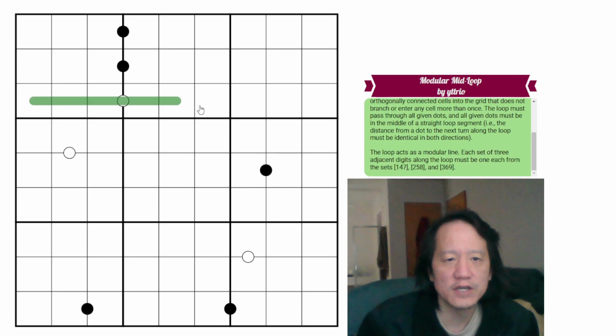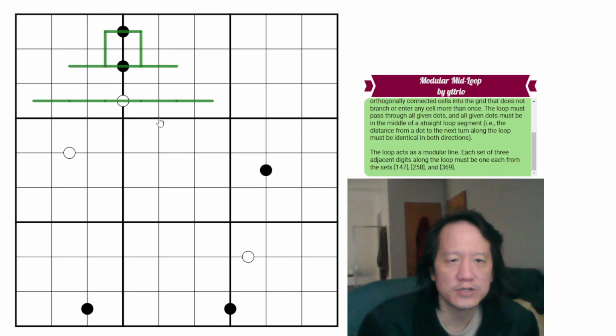The question is, can you have something like this? Well, this doesn't work because this specifically then has to go down, and therefore it branches. So this one always has to be greater than this one, right? So then let's try this. So say it went this way.